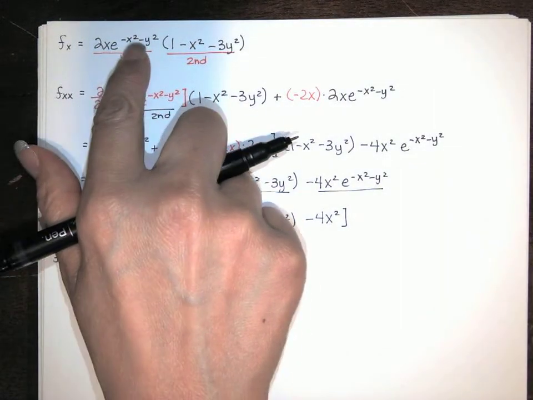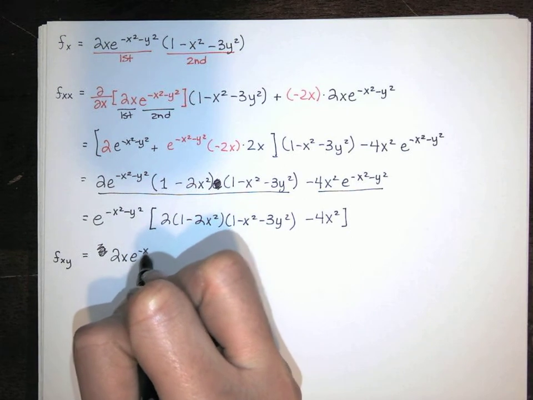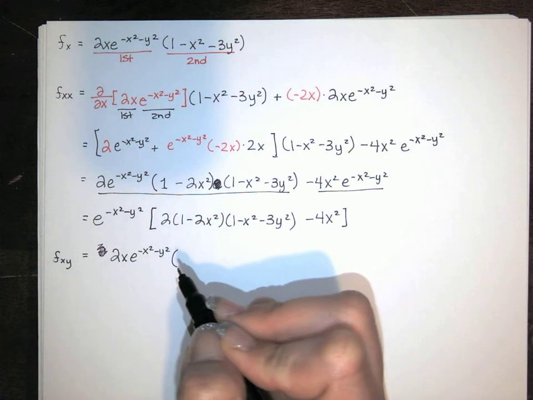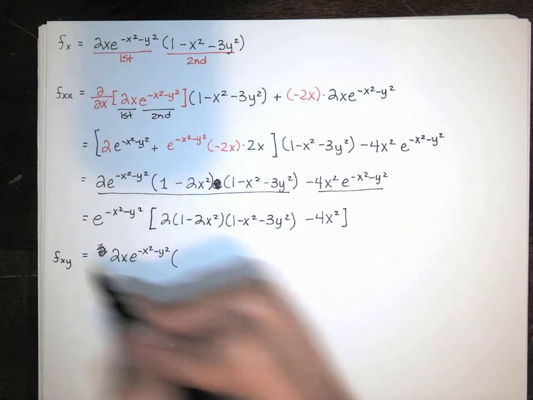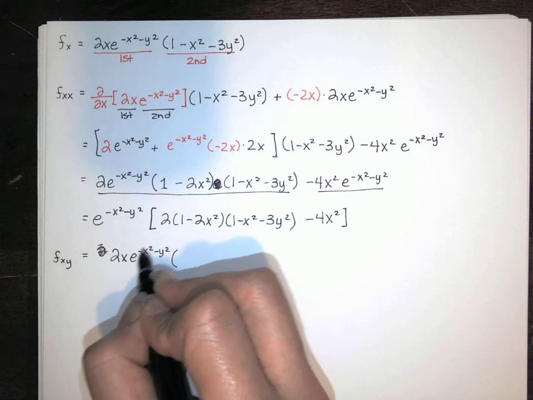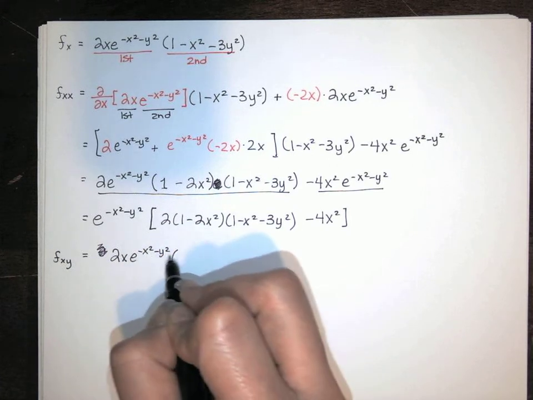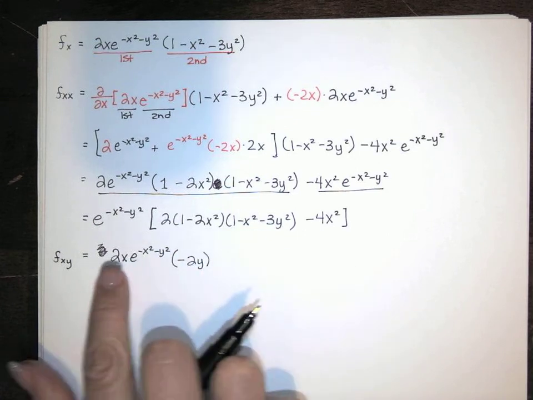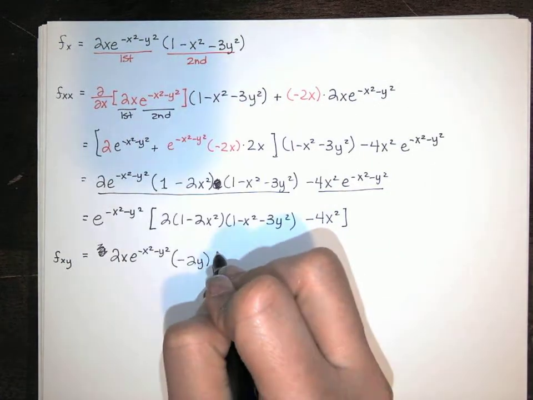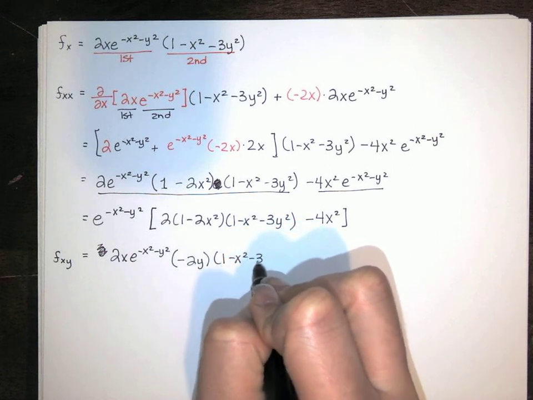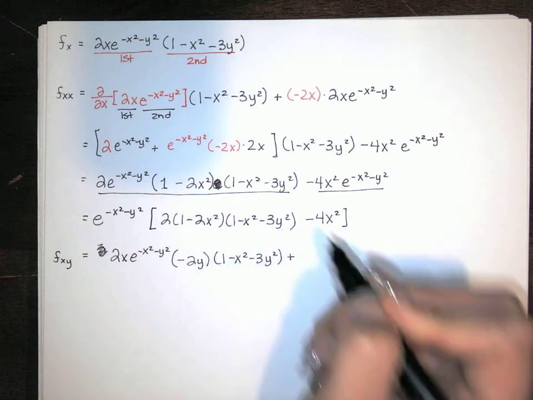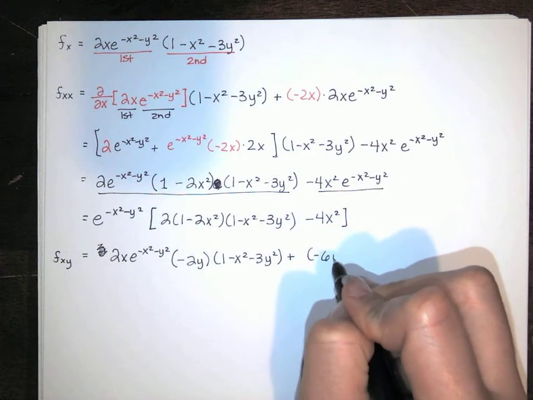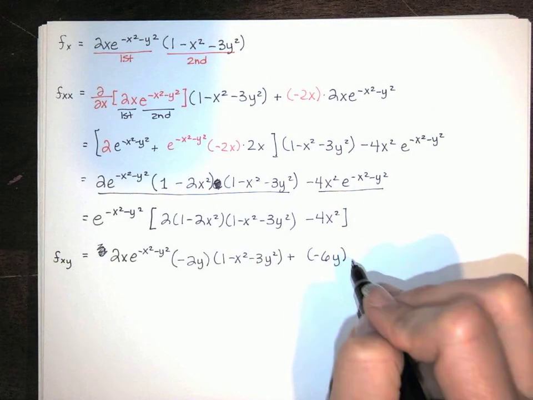The derivative of e to this power is e to that power times the derivative of the inside with respect to y, treating x as a constant. Well, if x is a constant, the derivative of that guy is 0, so we just get 0 minus 2y. So that's the derivative of the first times the second. Plus the derivative of the second with respect to y is negative 6y times the first.